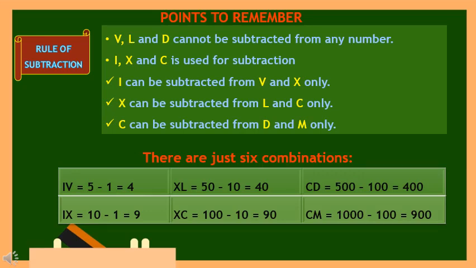XC, 100 minus 10 gives you 90. Similarly, CD, 500 minus 100 gives you 400. And CM, 1000 minus 100 gives you 900. So only these 6 combinations can be made during the rule of subtraction for writing Roman numerals.